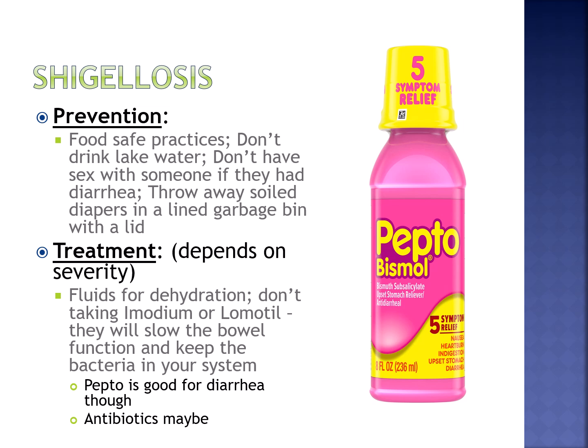So the thing you want to take is something like Pepto-Bismol. So something that has bismuth in it is a good product to take with this. It will relieve some of those symptoms, but it will not prevent you from being able to go to the bathroom and get that bacteria out of you. That is the hope, that is the goal.